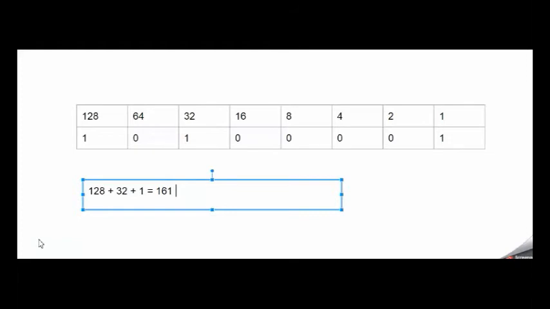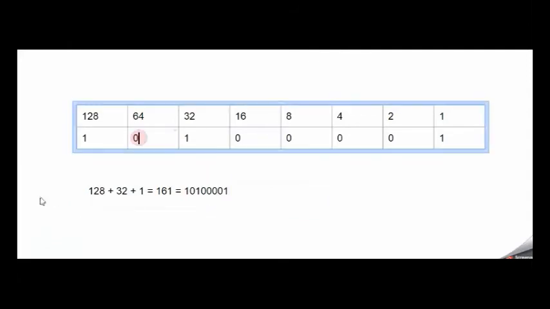So 161 in binary code is 10100001. I'm going to give you another one: 11100011. Solve that. Pause the video, give it a go.